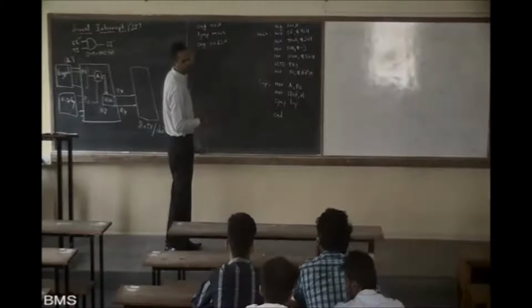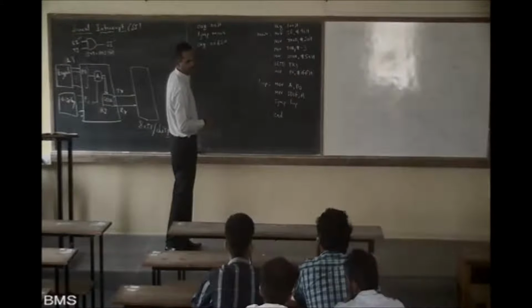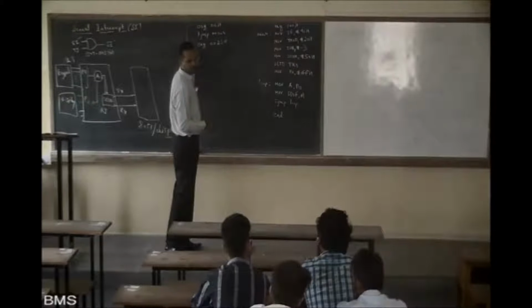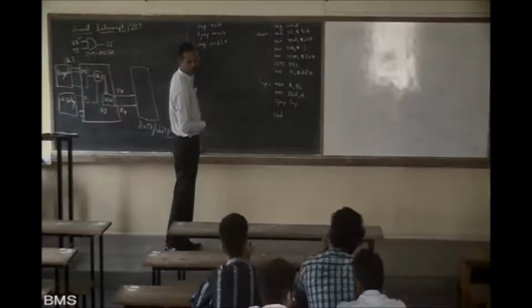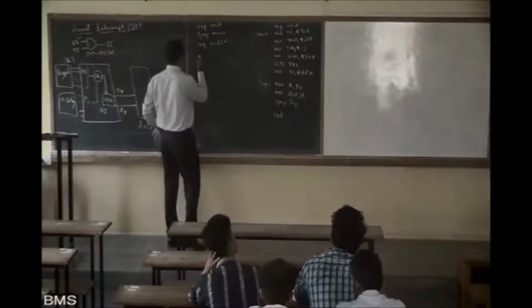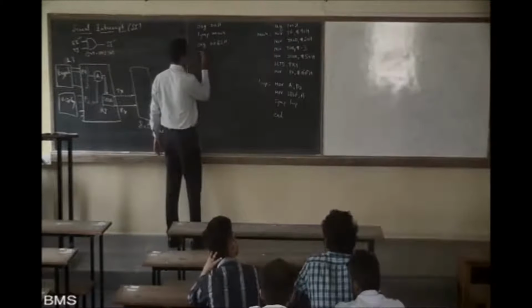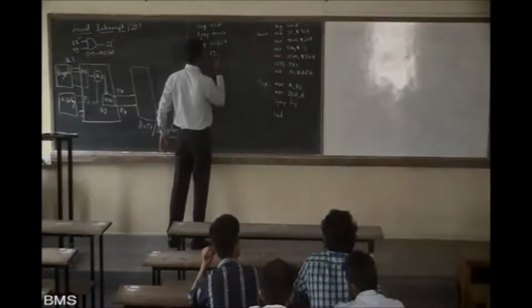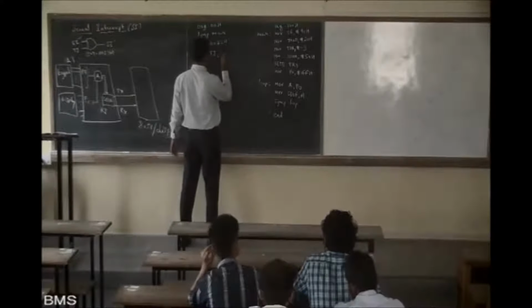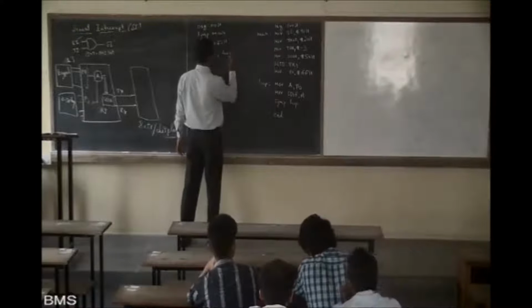Now, first thing, what do you have to do here? Okay, I will give you the structure. JB TI, to what label? Should I write trans?